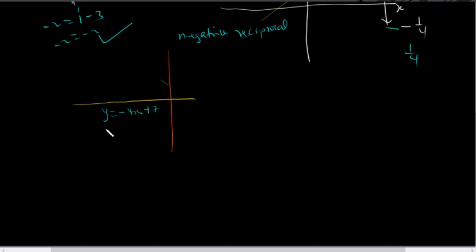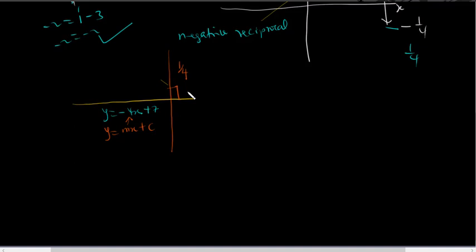Now let me say it here. If I compare this to the general formula of the equation of a line, m is -4, and if m is -4, then the slope of this line, which is perpendicular to the yellow line, is 1/4. If that is -4, then that is 1/4. It is as simple as that, because we are saying that the gradient of a line is the negative reciprocal of the other line that it is perpendicular to.